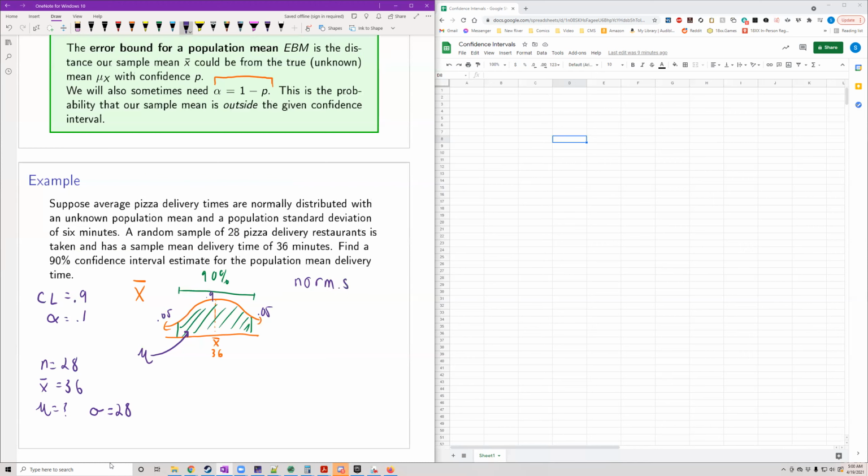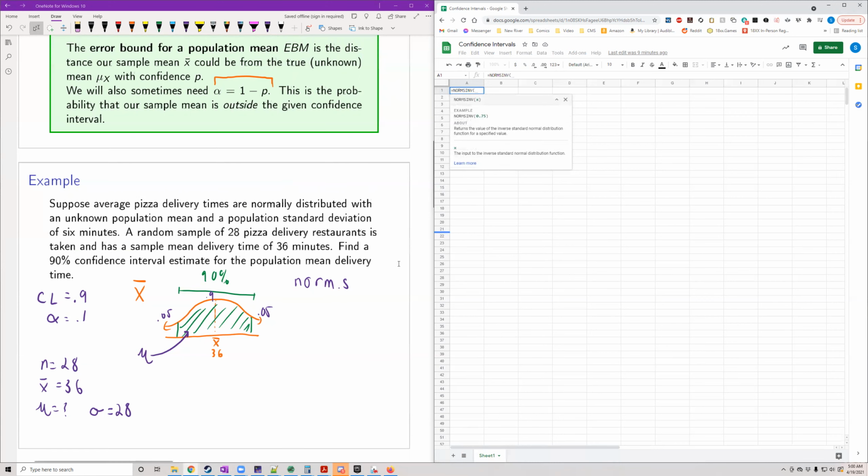norm. Let me double check exactly the thing in Google Sheets here. We'll show it off. Normsinv. The decimal place is not included, no dot here.